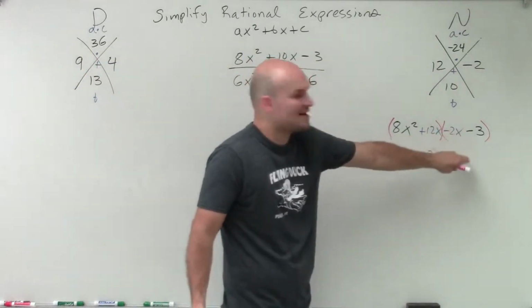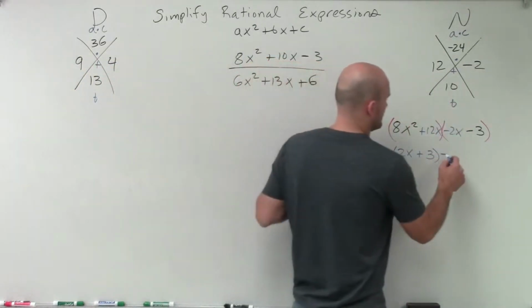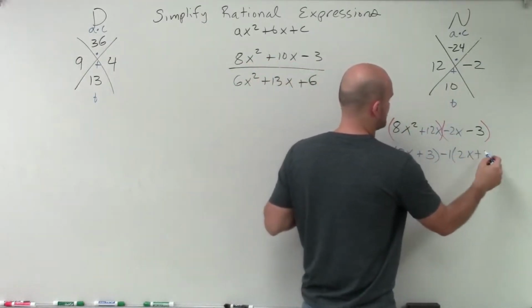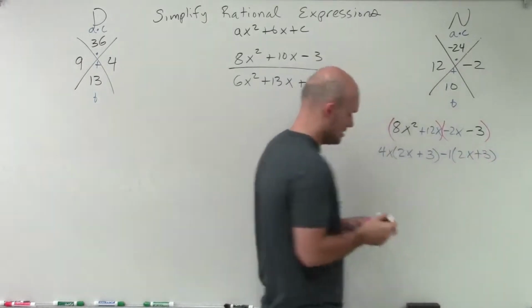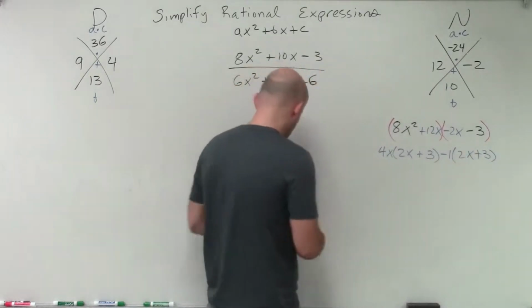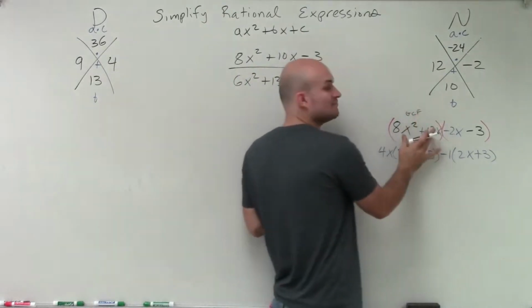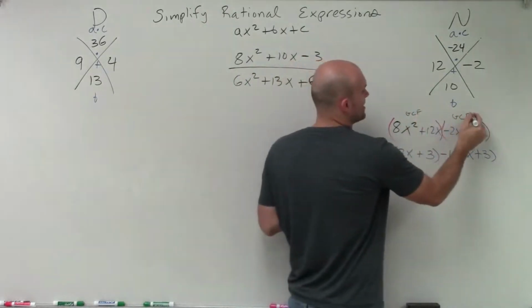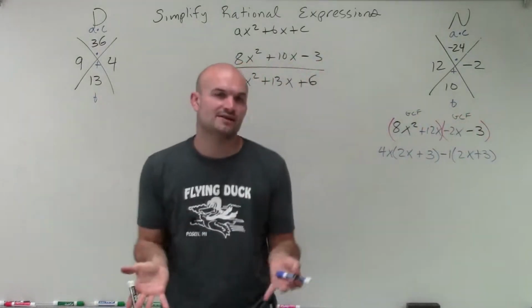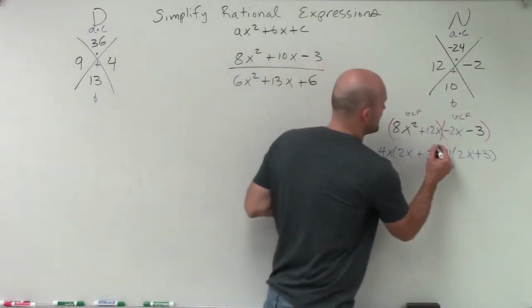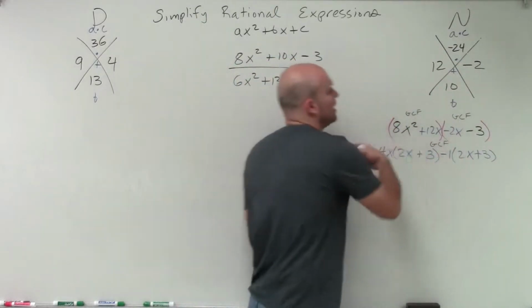So you say, what can you factor out? Well, you can factor out a negative 1. When I factor out a negative 1, I'm left with a 2x plus 3. All right, so what we did is we said, what is the GCF of this first binomial, and then we factored out the GCF of the second binomial. So when doing factoring by grouping, you do a GCF first, GCF second, and then you say, what is the GCF of everything?